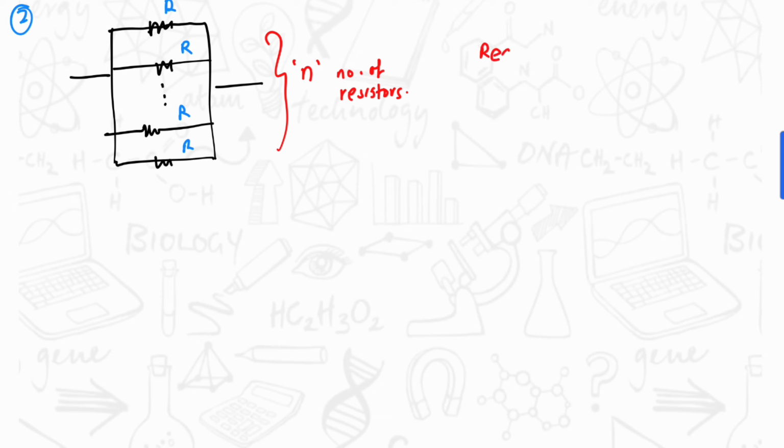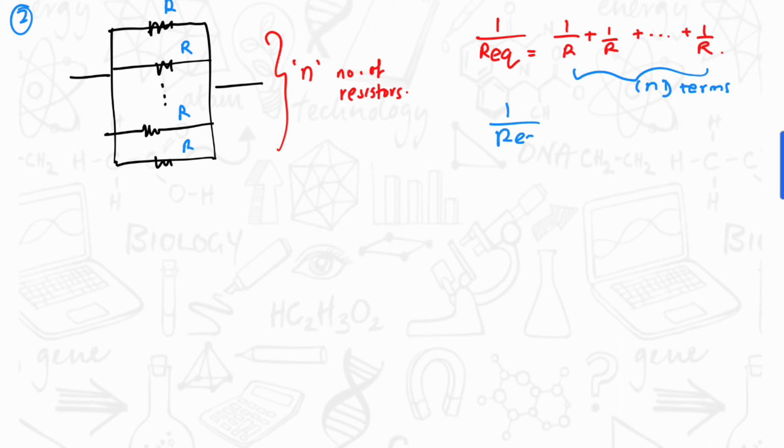So we can find the REQ value by this, and we have n terms here. So we get 1 over REQ will be n divided by R. Therefore REQ is equal to R divided by n.